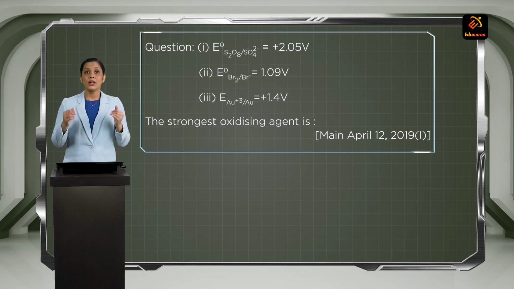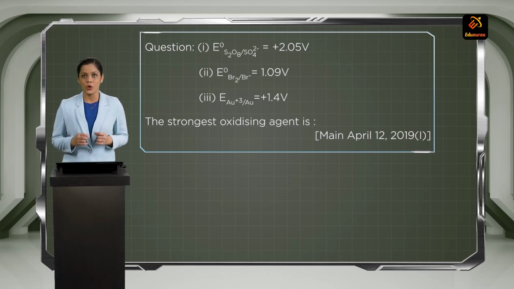The third one, E0 for Br2, that is bromine, going to Br minus, the value is plus 1.09 volts. And the last one, E0 for Au plus 3, that is gold in plus 3 going to Au in 0. The value is plus 1.4 volts.